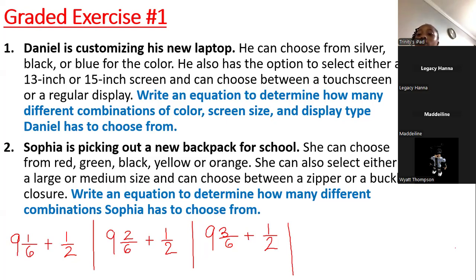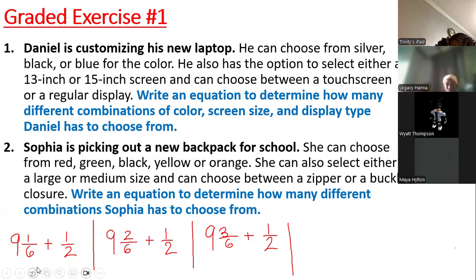We're going to get our answer for number 1 by getting the colors that were said, which are silver, black, and blue. How many colors is that? 3. 3, very good. And then we're going to write how many screen types she was able to pick.